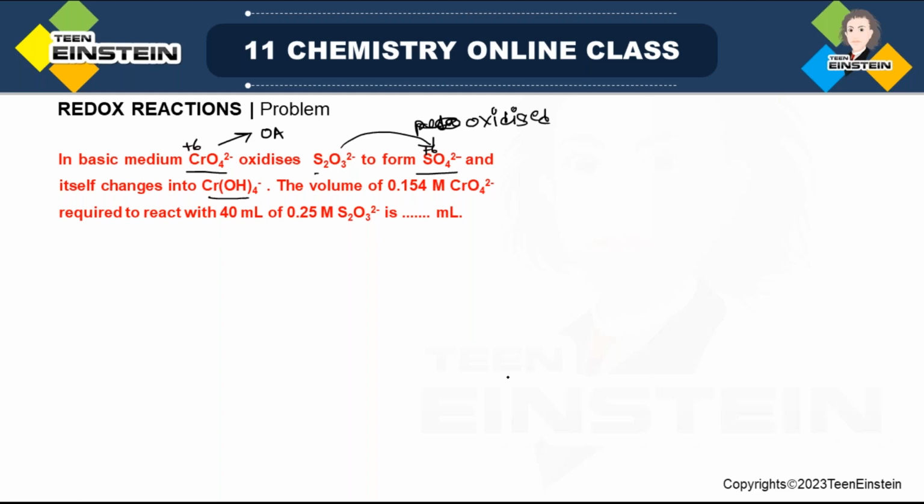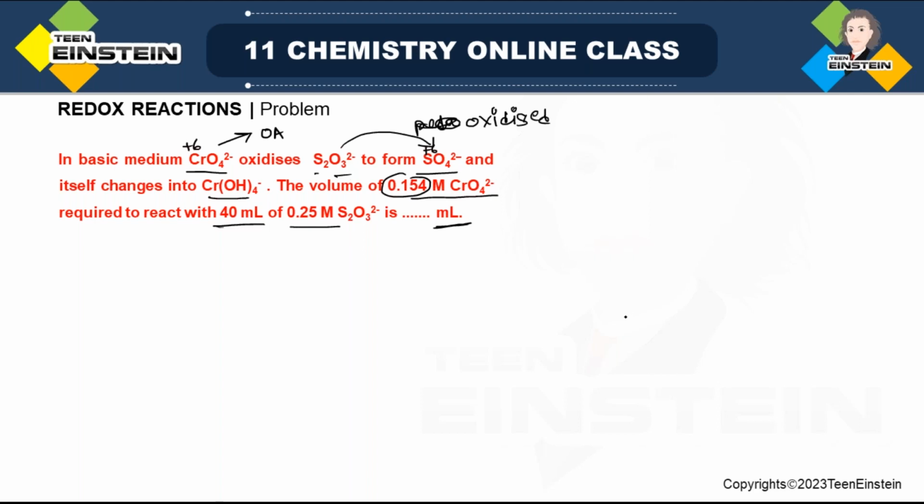So in basic medium, this reaction is occurring: CrO4 2- converted to Cr(OH)4- and S2O3 2- converted to sulfate. The volume of CrO4 2- that we have to find in ml, molarity given, and the volume and molarity for the other species is also given.